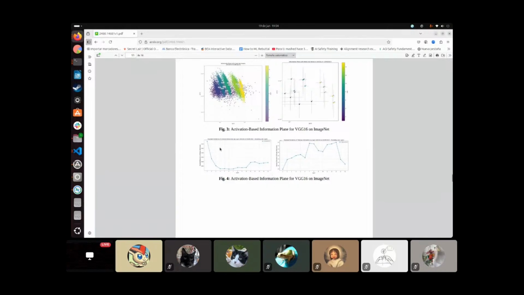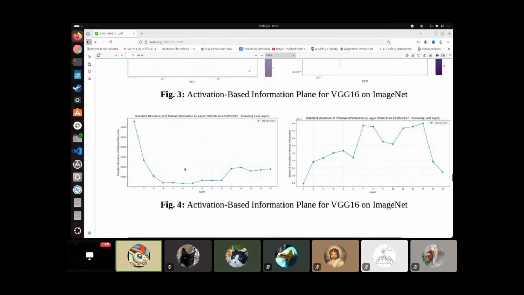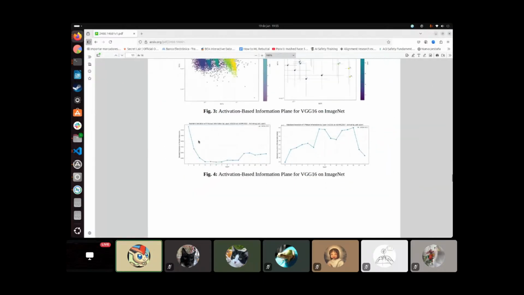Oh, so mutual information. So they do mutual information by layer. So like layer, and this is the mutual information with the input. And maybe looking at the figures is better than trying to understand the math.